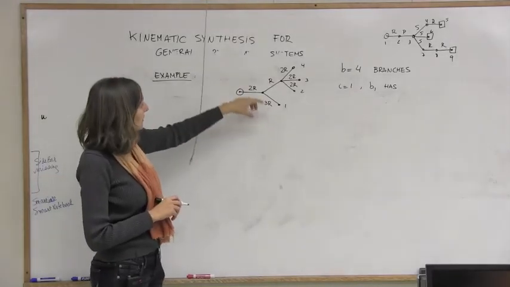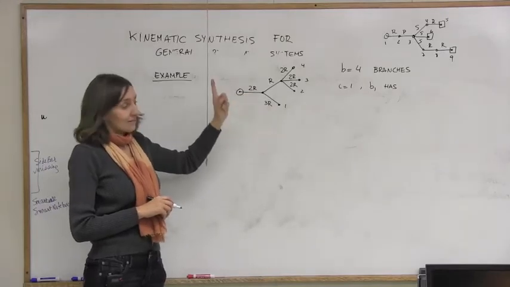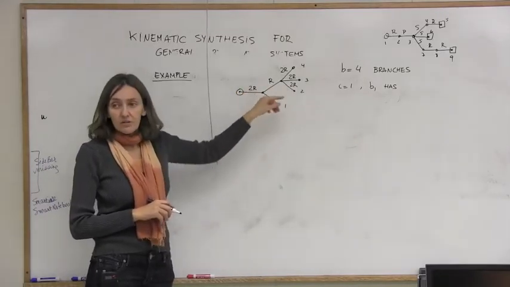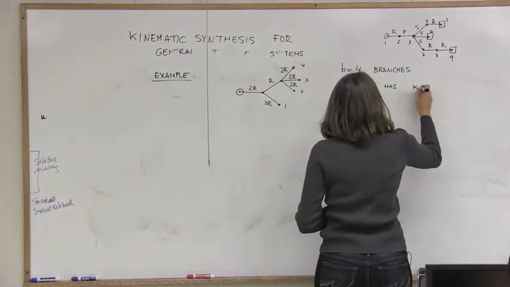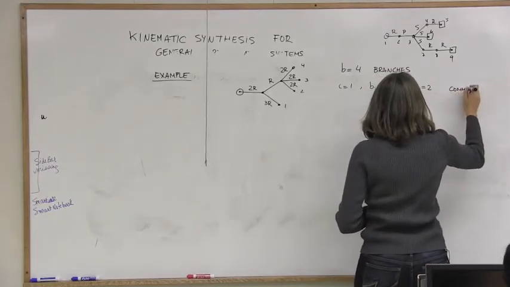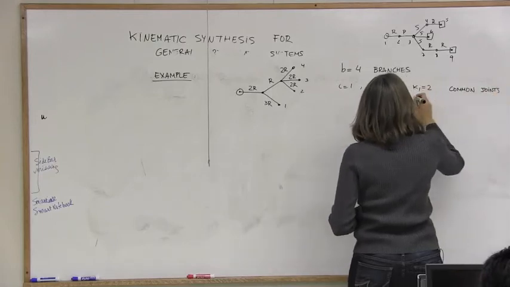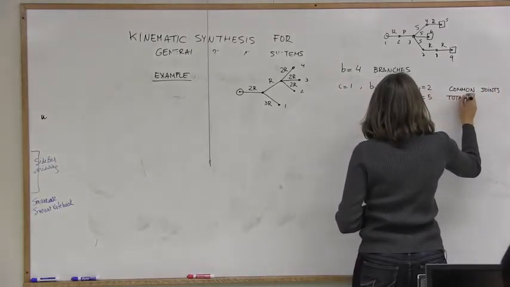Common joints in this branch. 2. That means the ones that are shared with other branches. So that's K1. K1 equal 2 common joints, and then the total number of joints in the branch is 5. N1 equal 5.